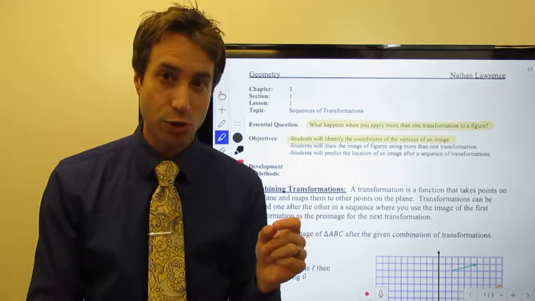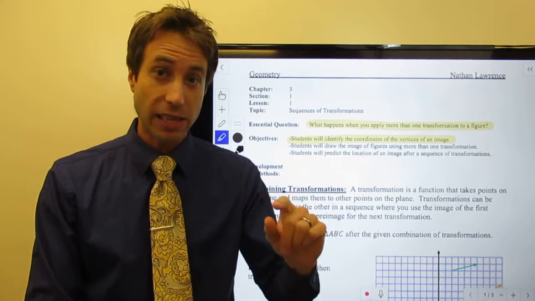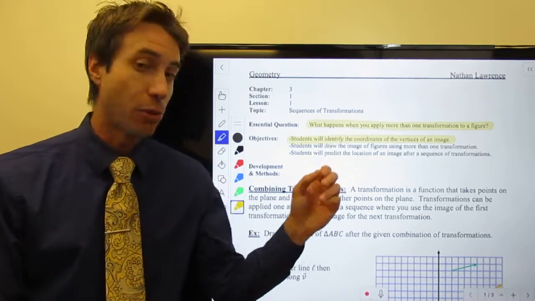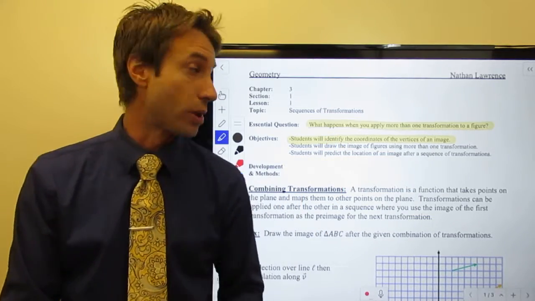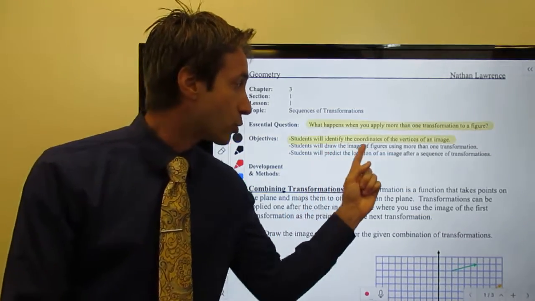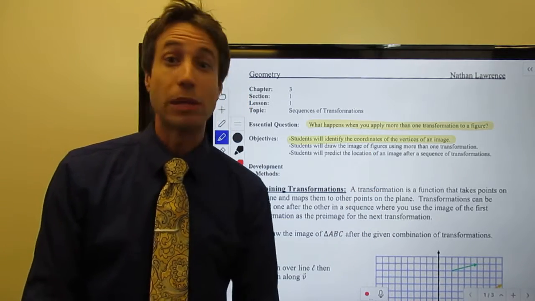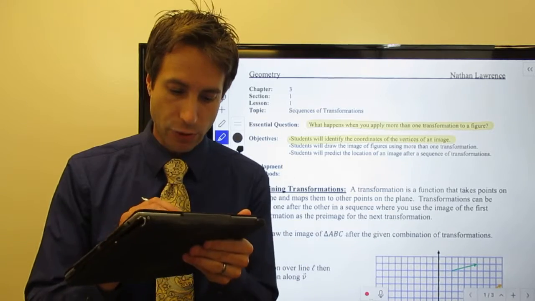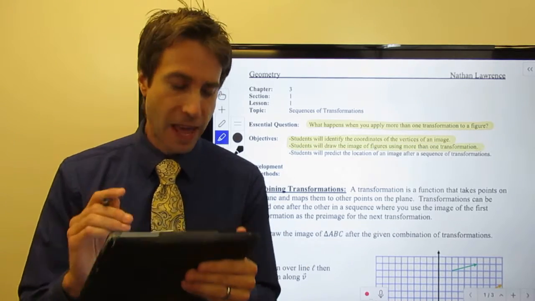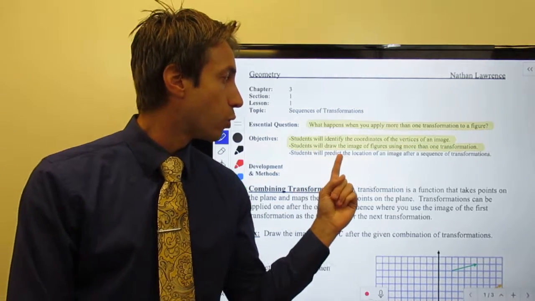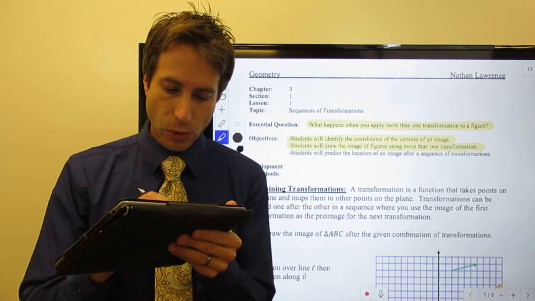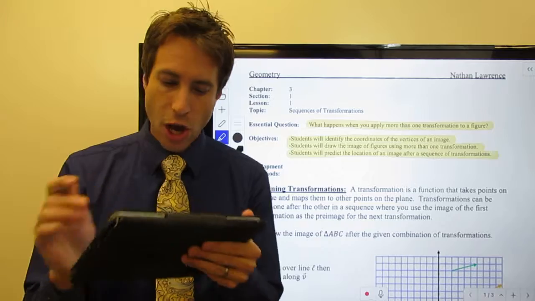We've been seeing that objective every single time for the last several sections, so it's definitely important that you're able to graph things on a coordinate plane and find vertices. Students will draw the image of figures using more than one transformation, a sequence of transformations. So we'll take a look at that. And students will predict the location of an image after a sequence of transformations. All right, so here we go.